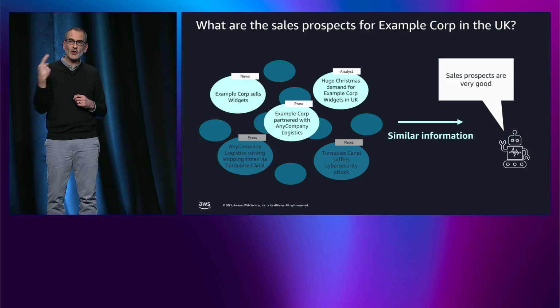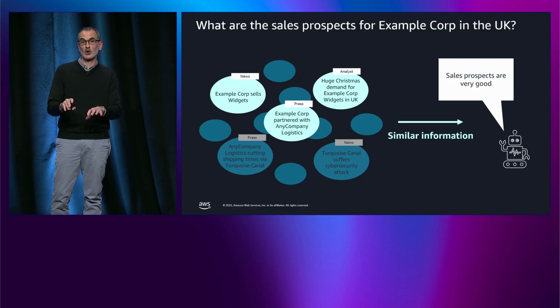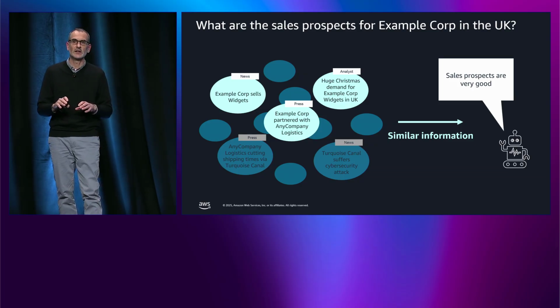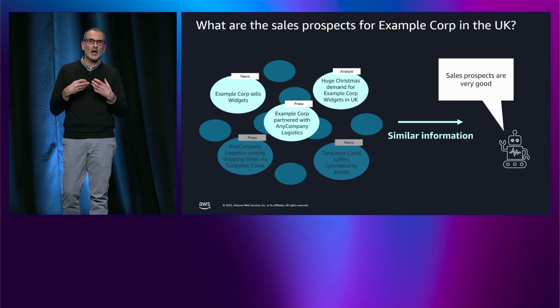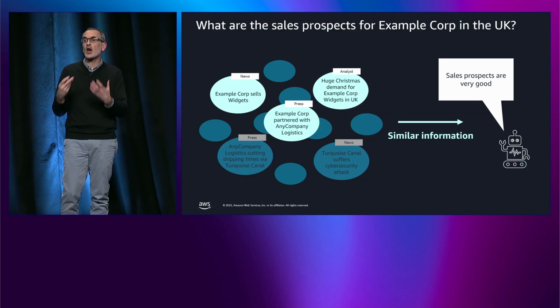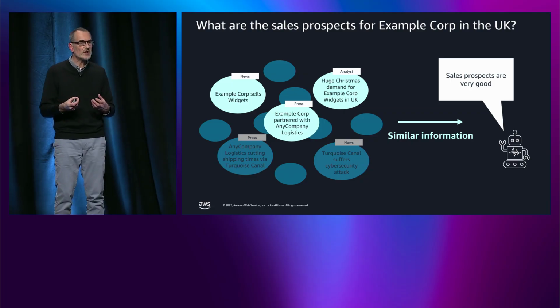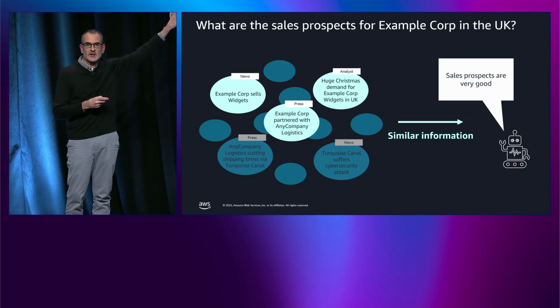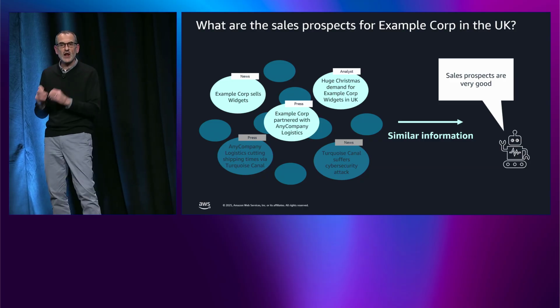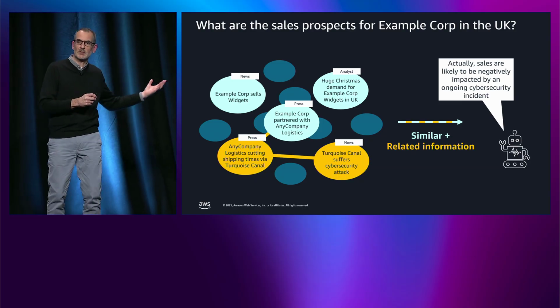But we, as omniscient observers of that corpus of documents, know that it's not necessarily the whole story, that there's a more nuanced answer that we could give to that question. But in order to produce a more reliable answer, we need to retrieve content that's not only semantically similar to the question, but we need to retrieve some additional structurally relevant, potentially dissimilar content.